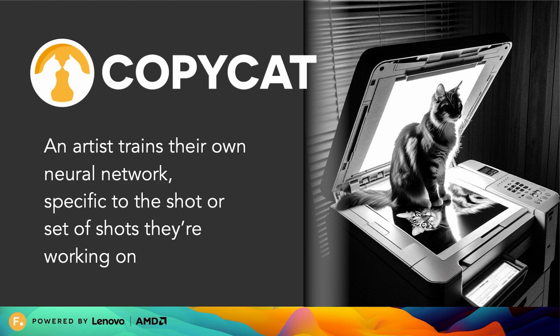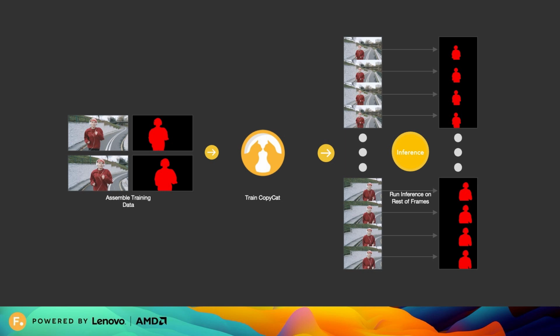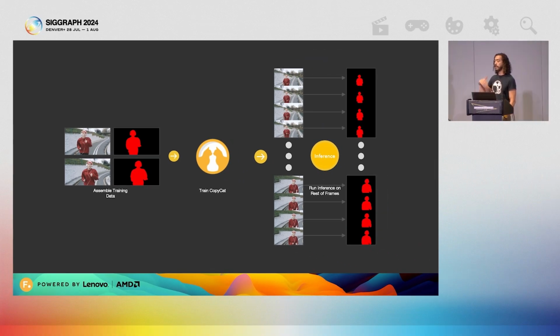So quickly, what does Copycat do, right? The whole idea here is you give a couple of frames of reference of the effect that you want and the original image. And then you put it to train. And that will give you a result that you can run in an inference node. And that gives you the rest of the frames for your whole sequence.